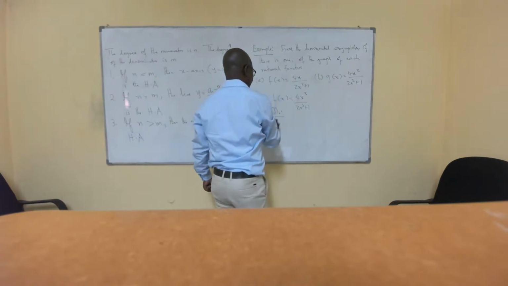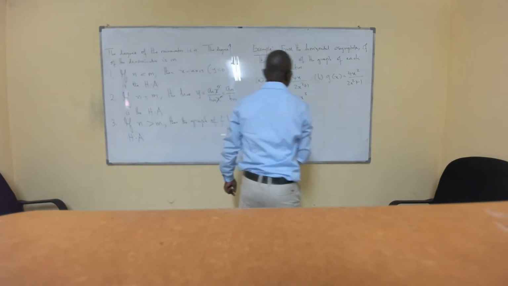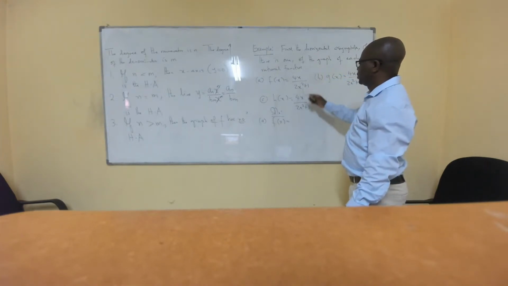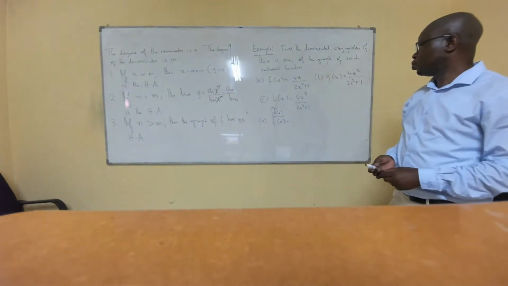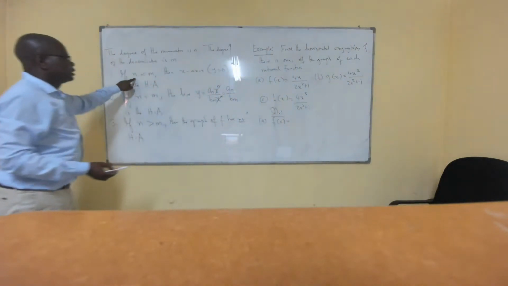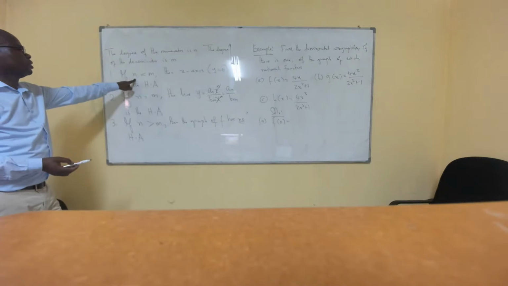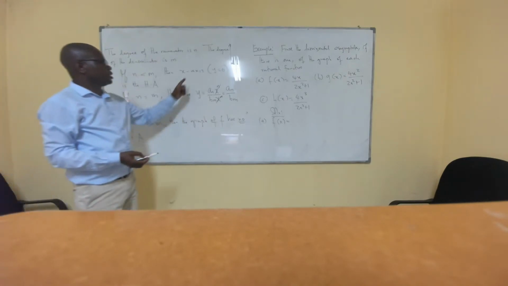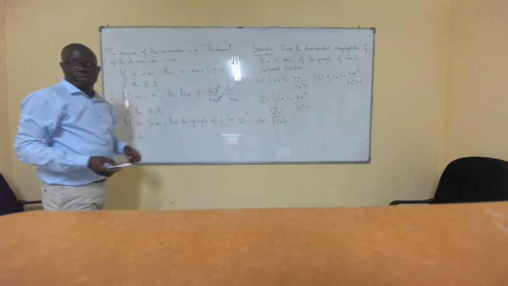So in A, f of x, we need to look at the degree here is 1, and the degree in the denominator is 2. This one is saying, if the degree in the numerator is smaller than the degree in the denominator, then the x-axis, y equal to 0, is the horizontal asymptote.